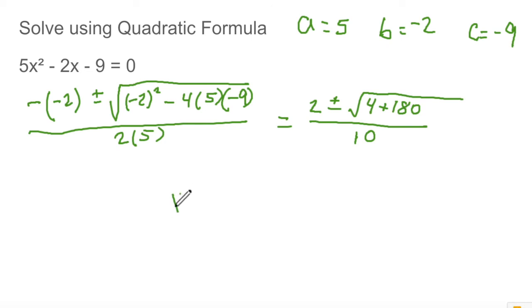Again, I rounded these off to one decimal place. We get negative 1.2 and positive 1.6. So those are our solutions for x.